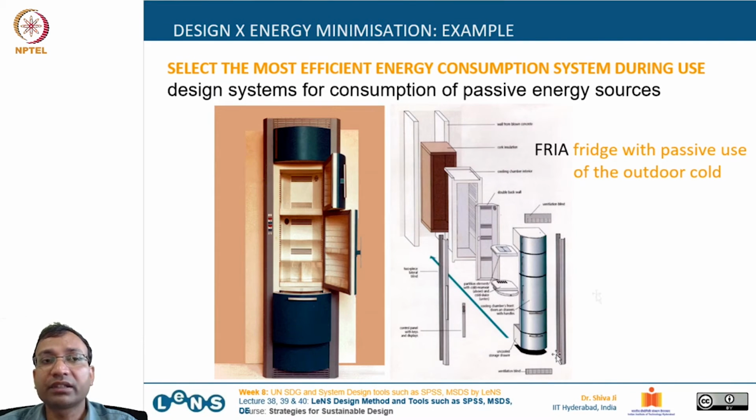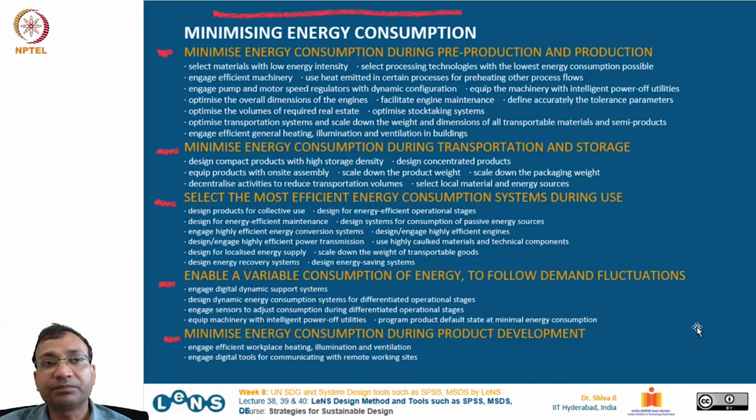This fridge uses the outside cold, which is normally there in colder countries, and reduces the energy demand. This is why the example is given: it utilizes the outside chilly weather to create the cold atmosphere inside the fridge.